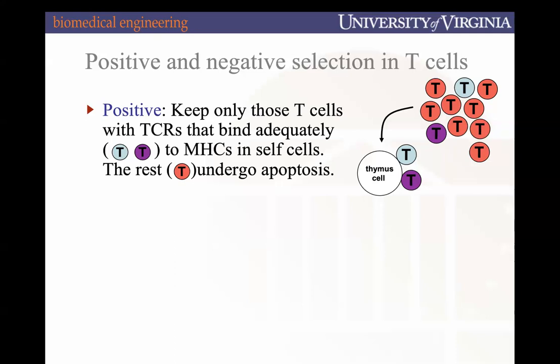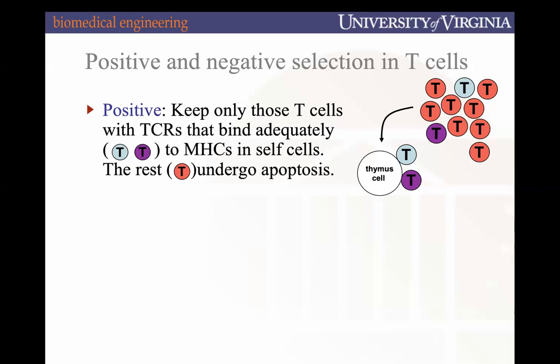So the T cell receptors that adequately bind to MHC on these thymus self cells. So these are cells within the thymus during development that are uniquely tasked with testing these new emerging lymphocytes to make sure that they are, for lack of a better phrase, passing a quality check.